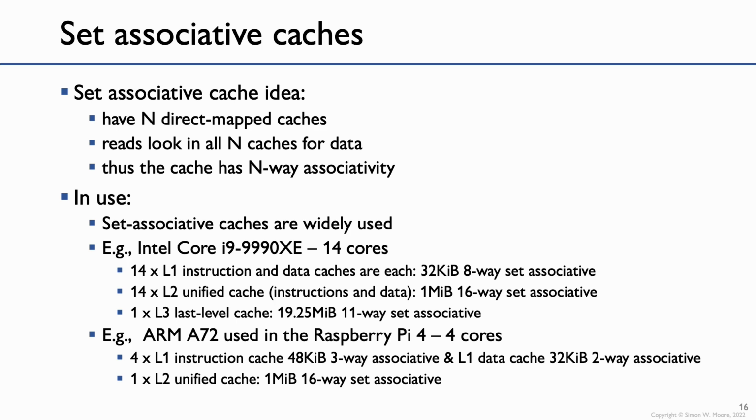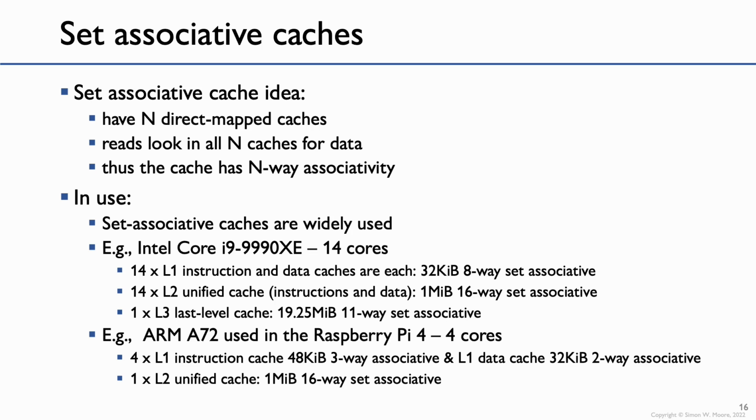Remember, with a direct mapped cache, there is only one place in the cache where you could normally store the data, because you're just using some bits of the address as basically a hash function into that memory. But with a set associative cache, rather than reading one cache line, we read n cache lines, and then we compare the tags and figure out which of these n ways is actually holding the data, or not, in the case of a cache miss.